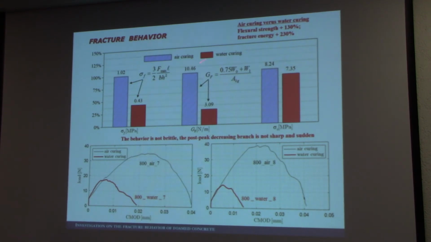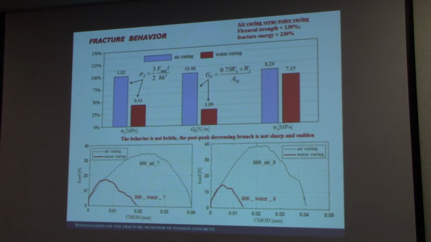And the flexural strength was more than 100% higher for the same class of specimens. These are just two pairs of curves for two pairs of specimens cured in water and in air, in which we clearly notice the totally different behavior of the load versus crack mouth opening displacement curve.